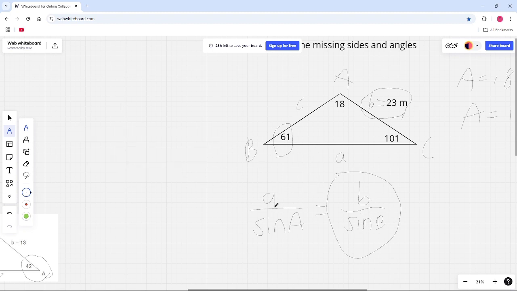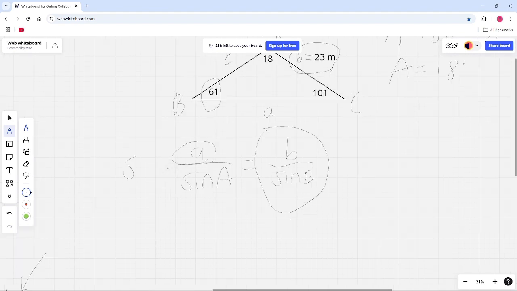So let's simply isolate for side length a. So you would just multiply this side by sine angle A, multiply this side by sine angle A. So these two divide out.